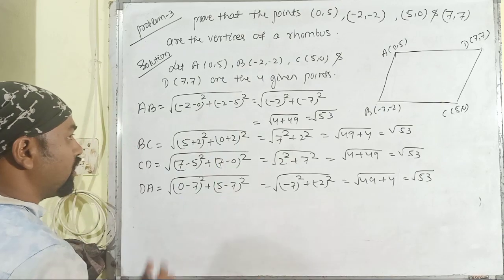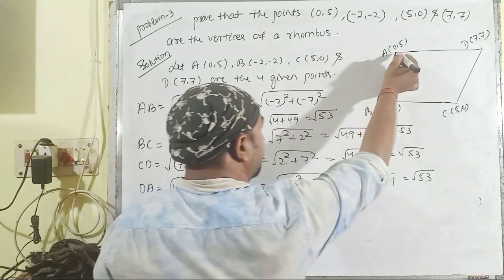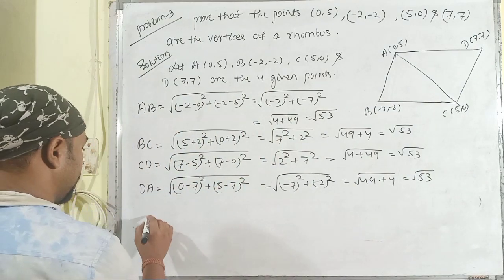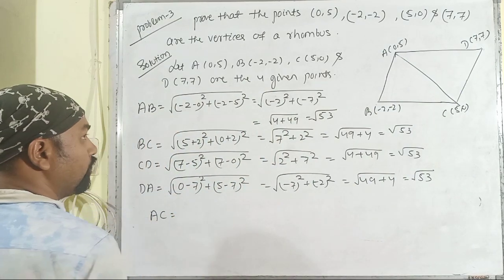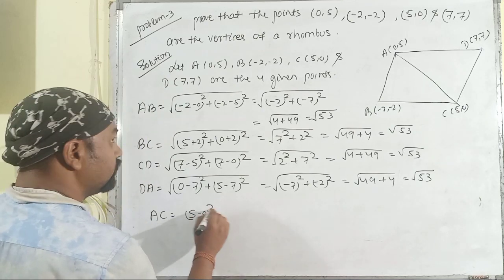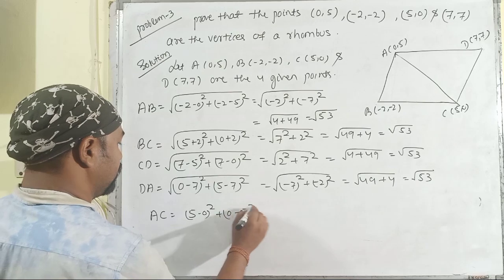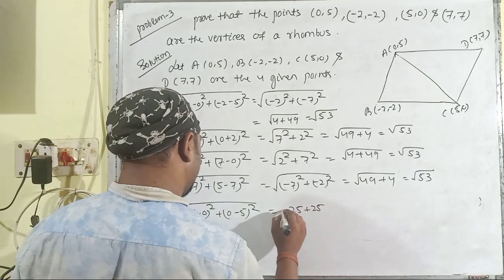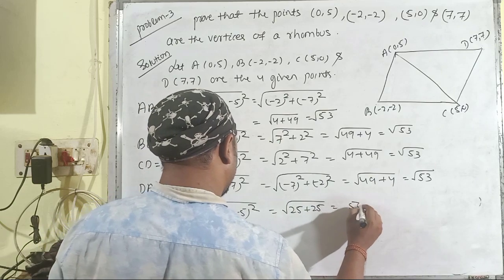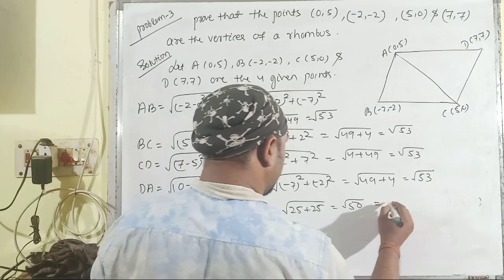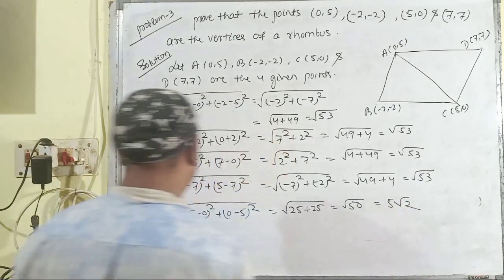So first of all, find out the diagonal AC here, the length of AC. So AC is equal to 5 root 2.